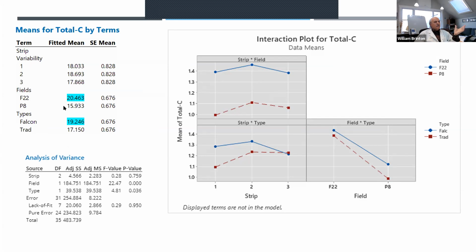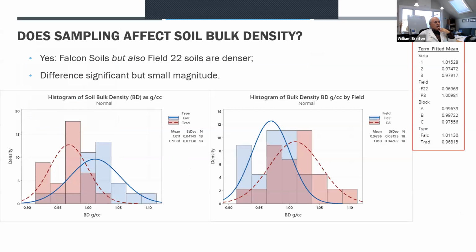That's almost a 5 ton per hectare difference in carbon, just jumping from one field to the next. But look at this, the Falcon got more carbon tons than the traditional in the same fields, measured across both of them together.